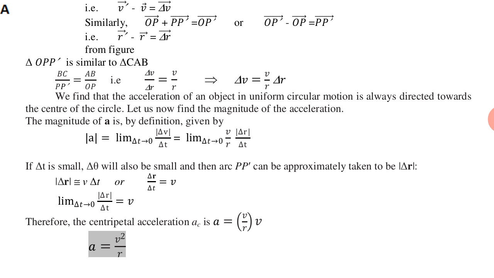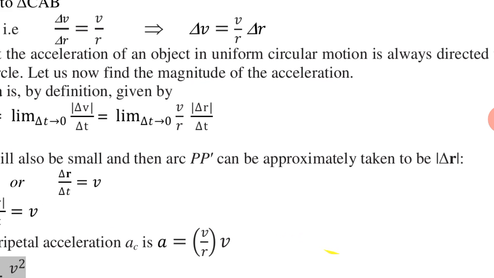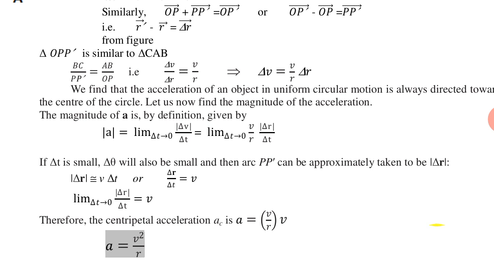See, check the expression. See, if delta t is small, delta r is also small. Okay, so delta r equal to v into delta t.